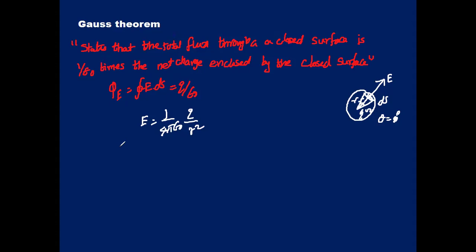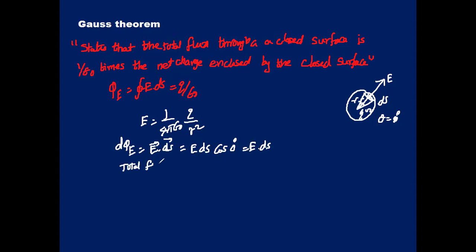So as you know, d phi E is equal to E dot ds, is equal to E ds cos 0 degrees, is equal to E ds.